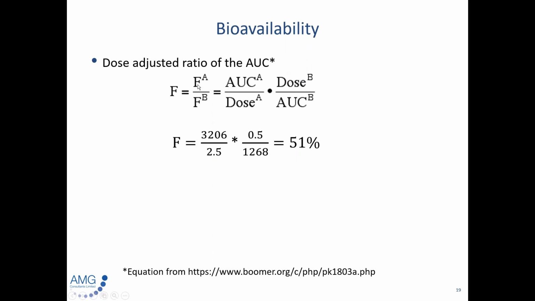The bioavailability is just the dose adjusted ratio of the AUCs. If you plug in the numbers for the IV and the oral AUCs and doses, then we get a bioavailability of 51%.